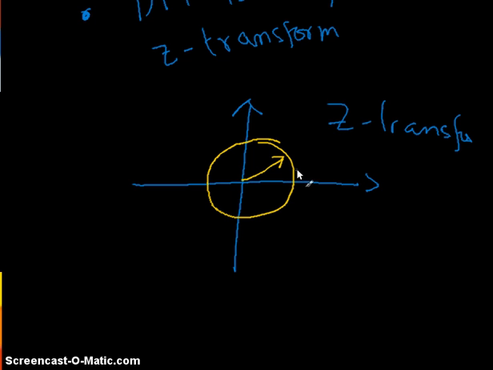This is a unit circle. My DFT is revolving on a unit circle on the Z transform plane. That's pretty much it.